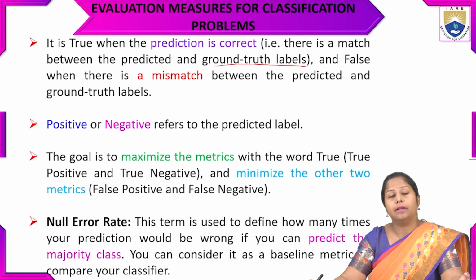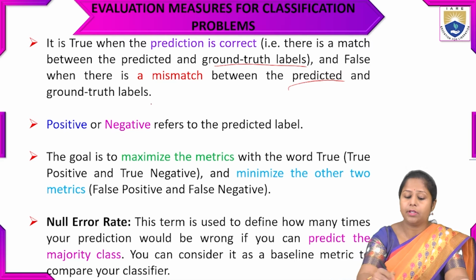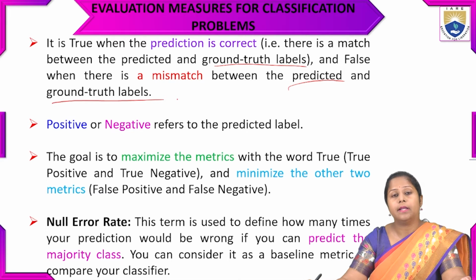If he is not going to buy and it says yes, that will be an incorrect classification. There will be a mismatch between the predicted and ground truth labels. That is what we get from the confusion matrix.